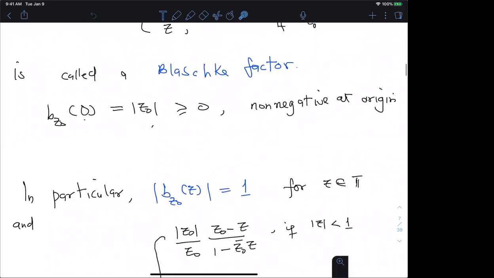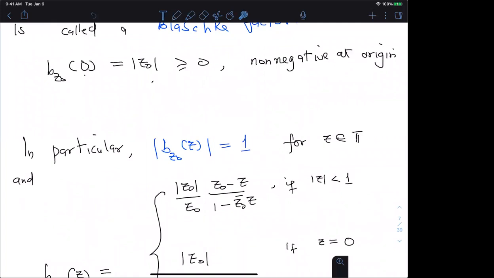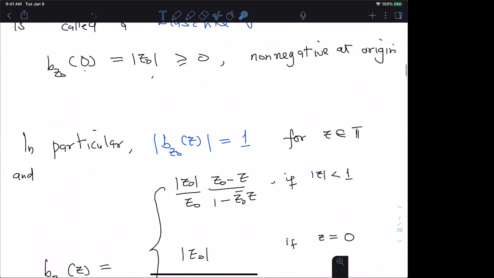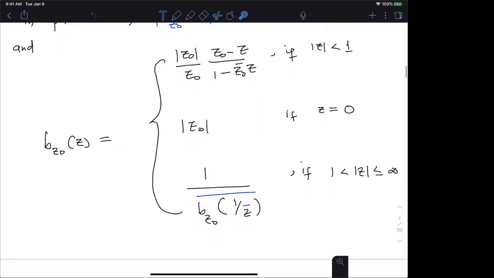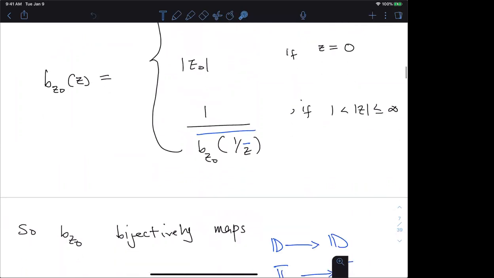In particular, on the unit circle, the factor has a modulus of 1, and inside the unit circle, the definition is that. And when z is equal to 0 at the origin, the definition is obviously that. And for any other point outside of the unit disk, that is the complement of the disk in the extended complex plane, the definition of the Blaschke factor is just 1 over the conjugate of the Blaschke factor, but this time at the reciprocal of the conjugate of z.